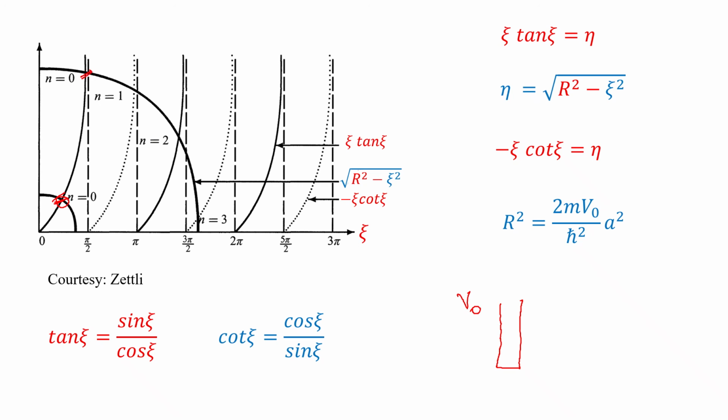This is an even node and one odd node, then again one odd node. If the radius increases, the number of nodes also increases. So this is our confirmation. It will behave like an infinite potential when V naught is very high.